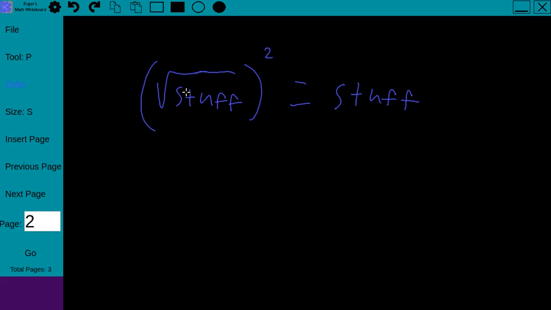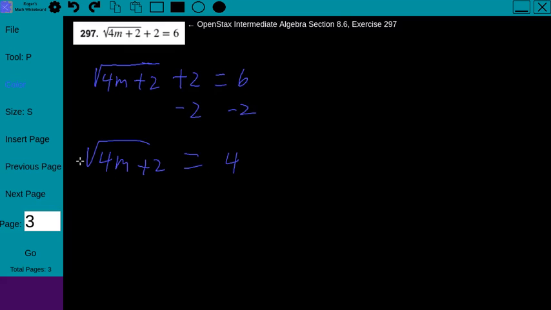So we're going to square both sides, and that will leave us with just this algebraic expression, with no roots.